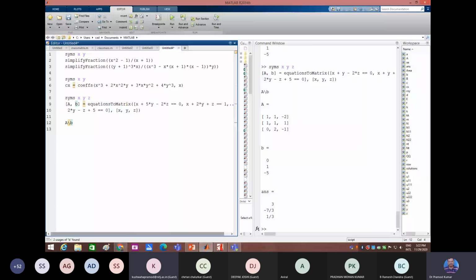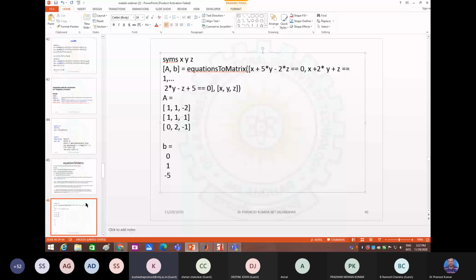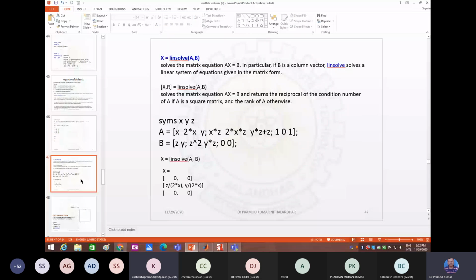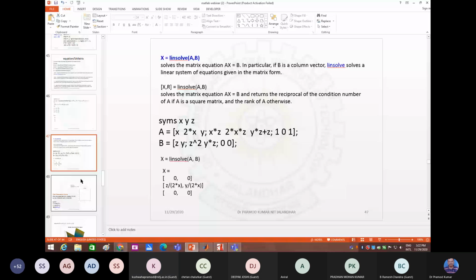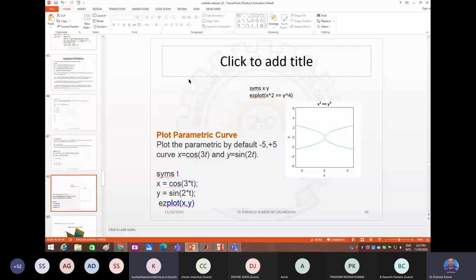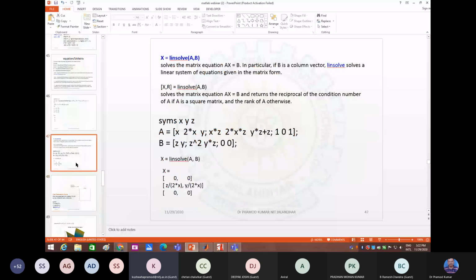After that, we will do a very interesting question here. And this plot. Symbolic plot is there. It is very, very useful and easy to plot anything, that we will discuss after this.